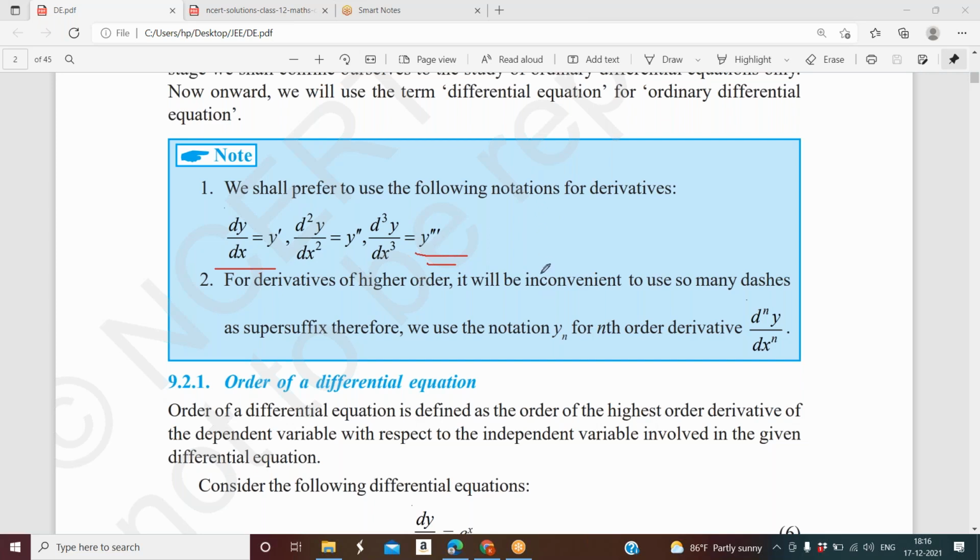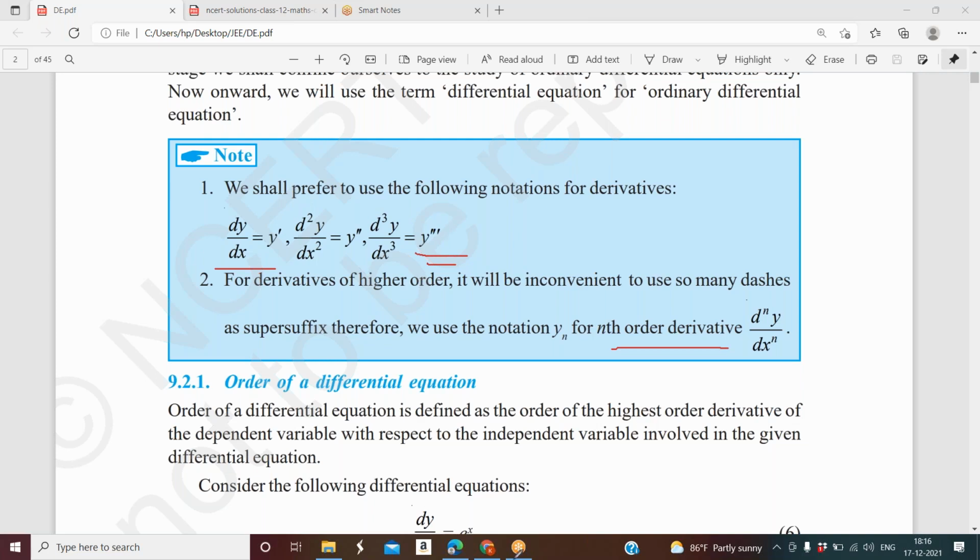To avoid that, we use this notation, d power n y by dx power n. So d square y by dx power 2, d cube y by dx cube, d power 4 y by dx to the power 4, like that. These are all the notations we are going to use in this chapter.